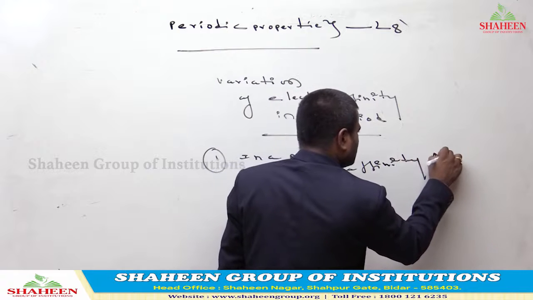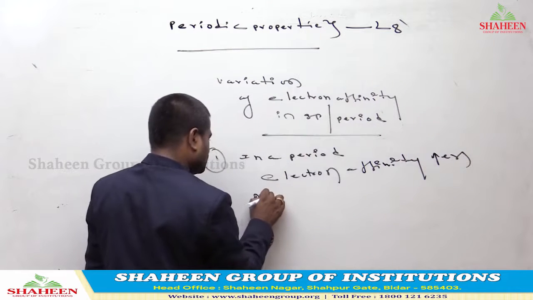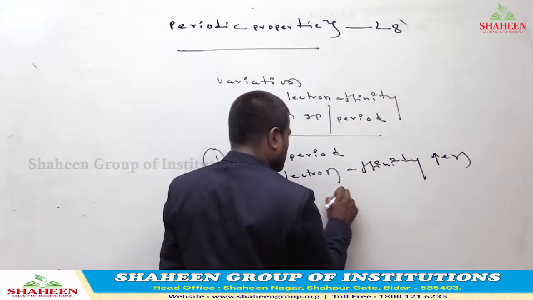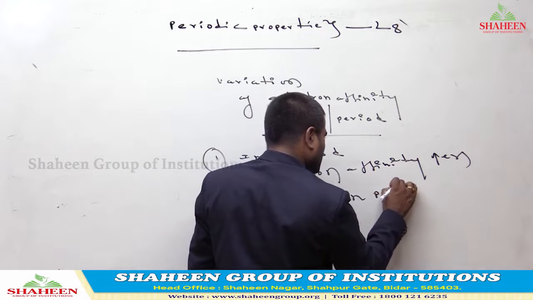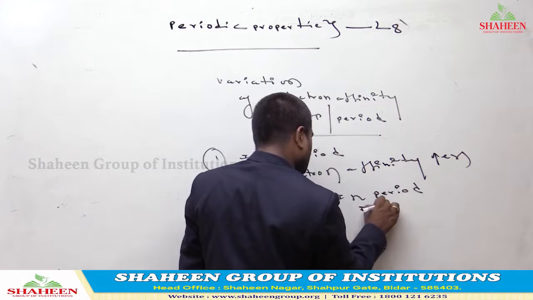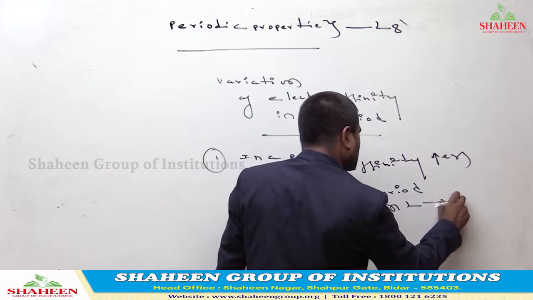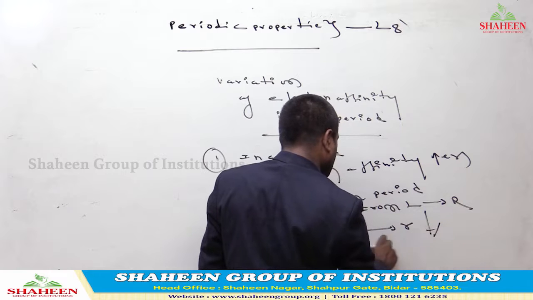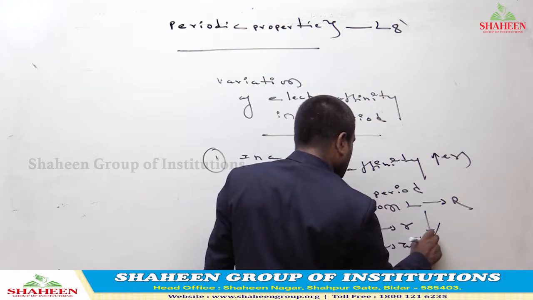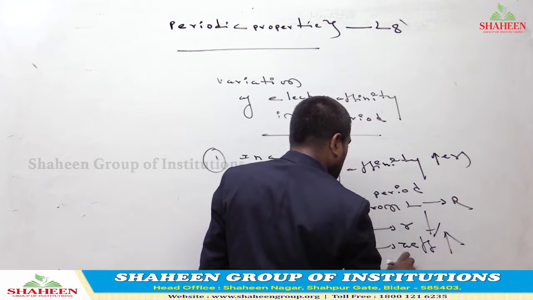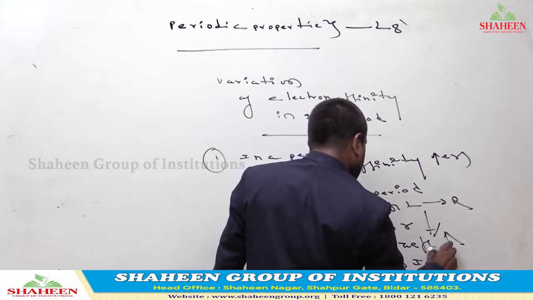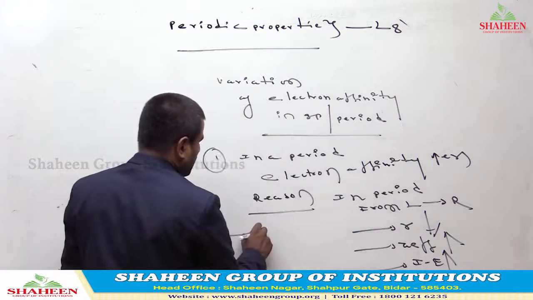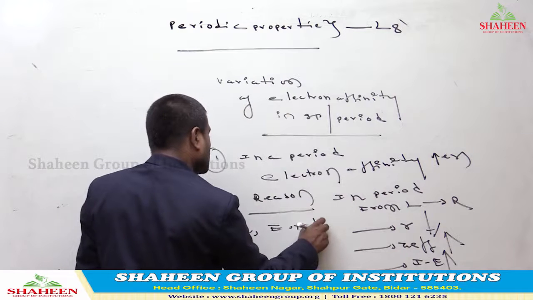increases. The reason, in a period from left to right, atomic size decreases, Z effective increases, and ionization energy increases, therefore electron affinity also increases in a period.